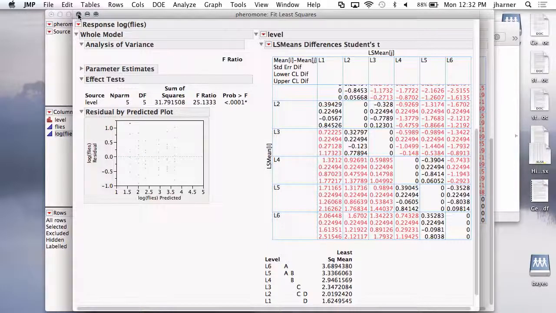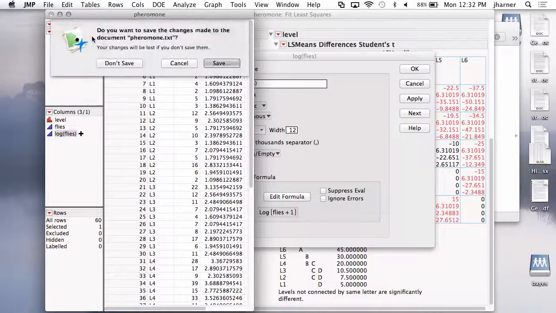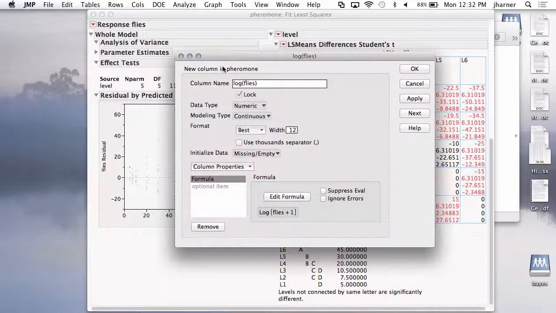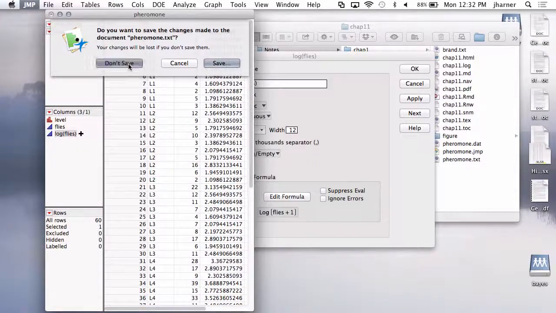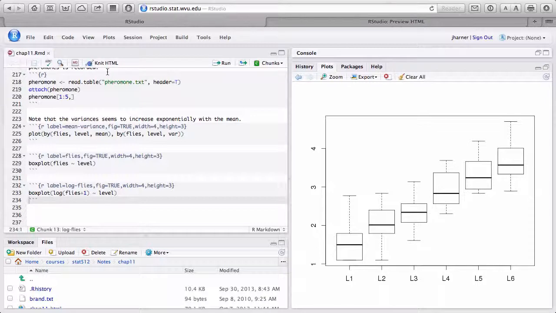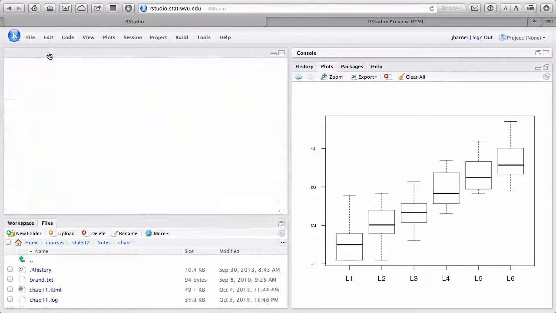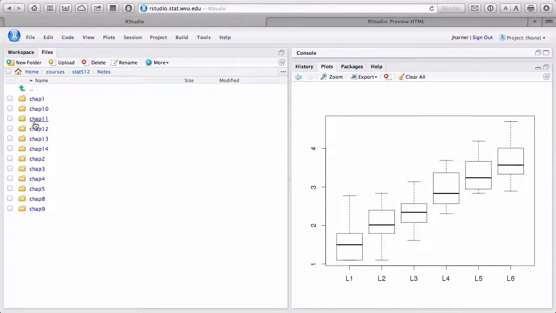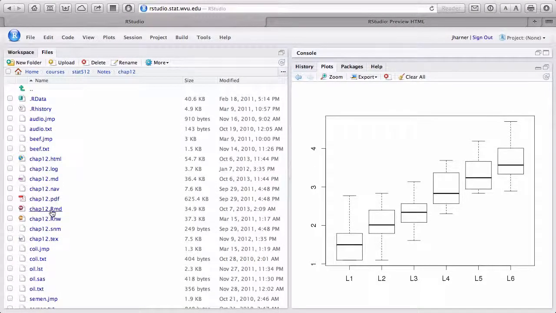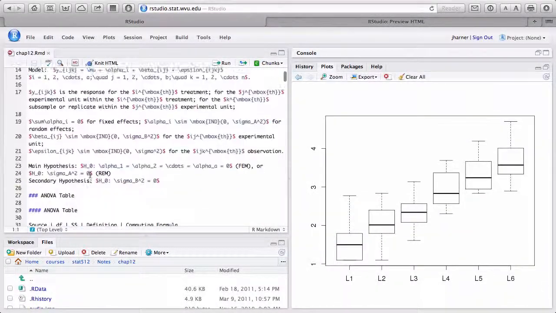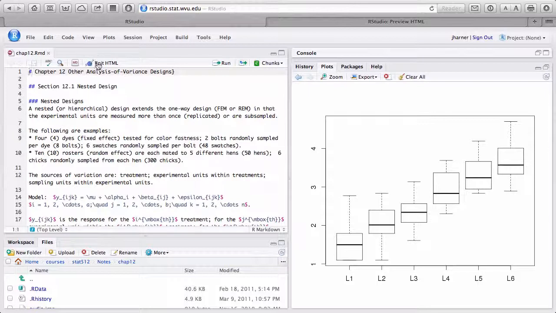Okay, now what I want to do is start on something new. I'm going to quit this. Going back to R, I want to go into chapter 12. Again, I gave you the notes, but if you get down beyond section 1, things are not redone.